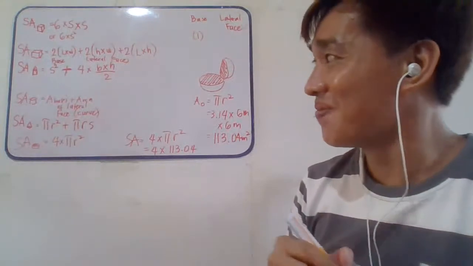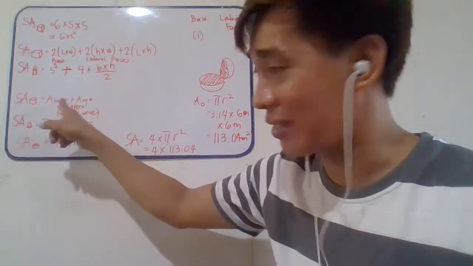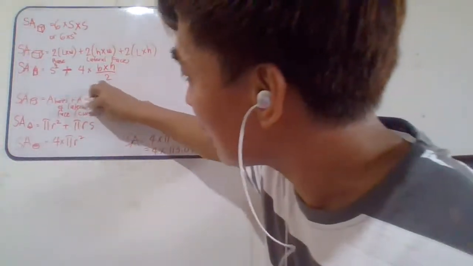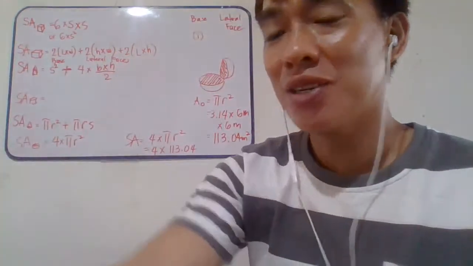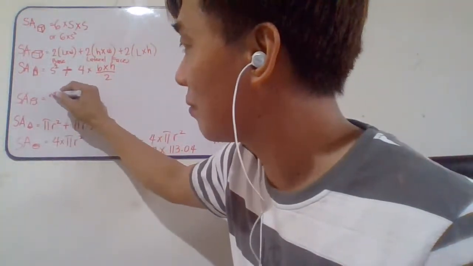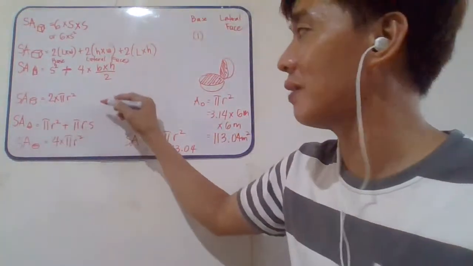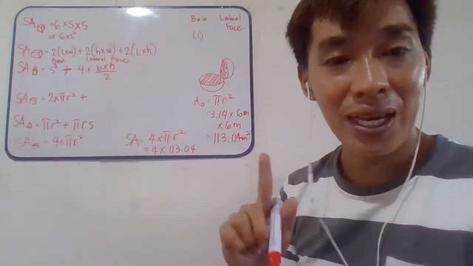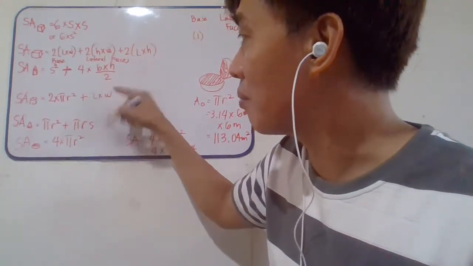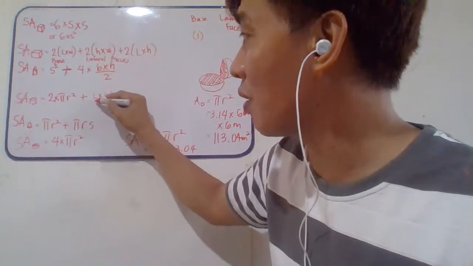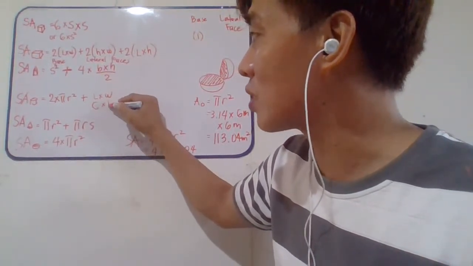Let's proceed to the area of our cylinder. Our cylinder has two circles, so 2 times pi r squared. Then we add the area of its lateral face, which is length times width. But remember, the length here is the circumference, times the width here, which is the height.